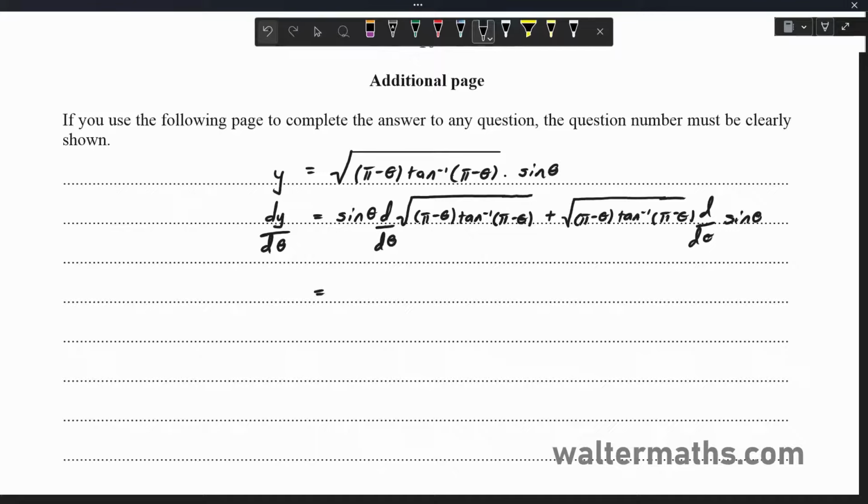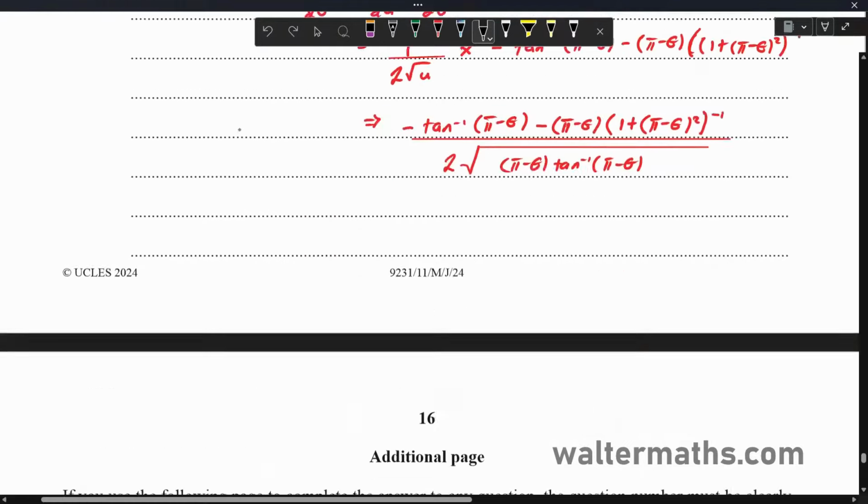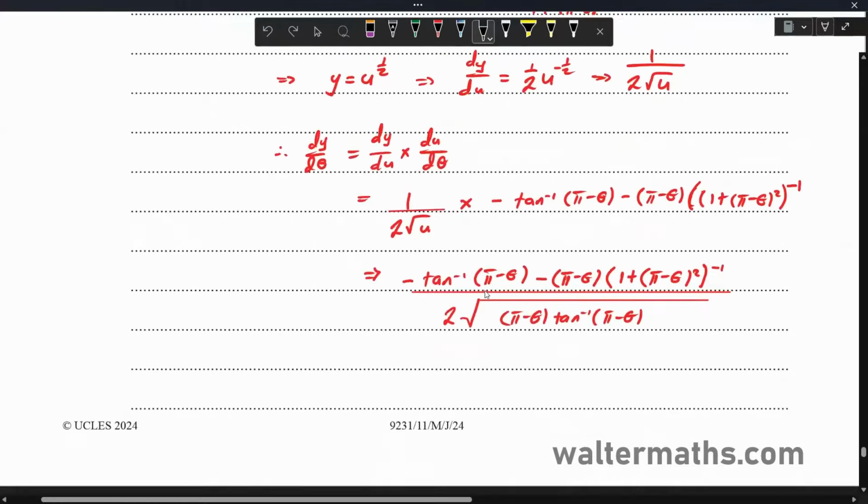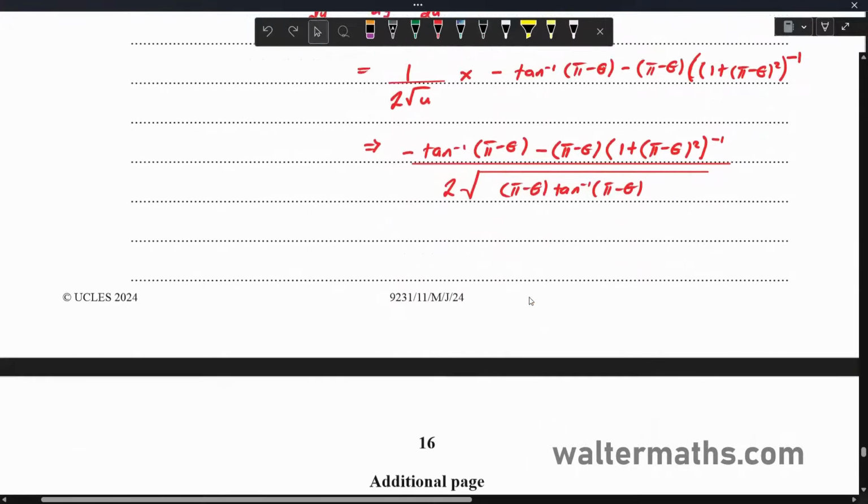For this derivative, we now already have it. That's what we were doing, this thing that we have right above.